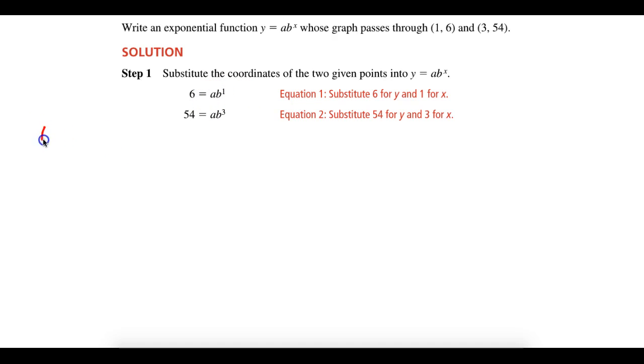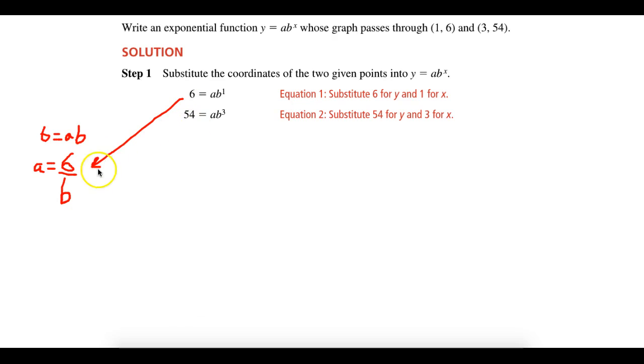So really we have 6 equals a times b. What we can do is solve for a by dividing by b. So we get a equals 6 over b. This is what we get from equation 1.